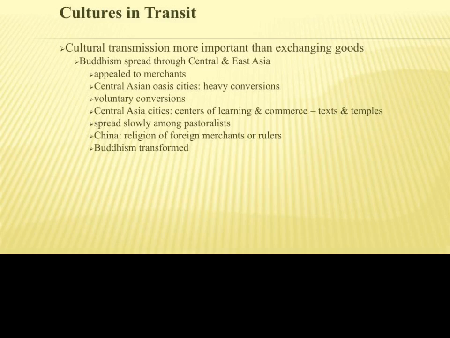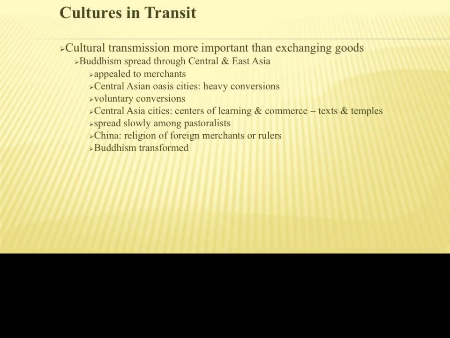It actually always appealed to a lot of the merchants. Conversion was heavy in the oasis cities of Central Asia. It was voluntary, and many of the Central Asian cities became centers of learning as well as commerce. And that's with the Buddhist texts and cave temples that have been found in Central Asia.